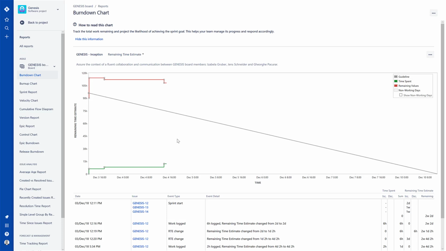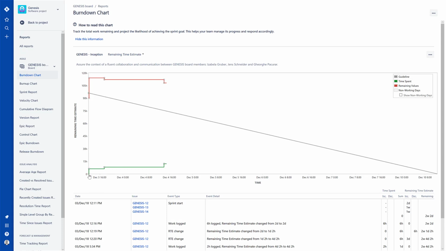But let's see how these curves can be read. We can see at the beginning a first curve that is in between this point and this one. On the horizontal line, we can see the time.